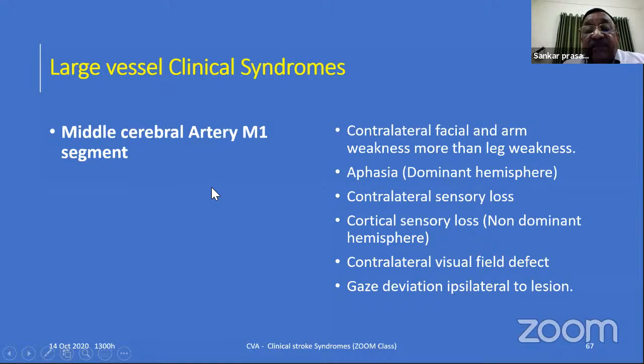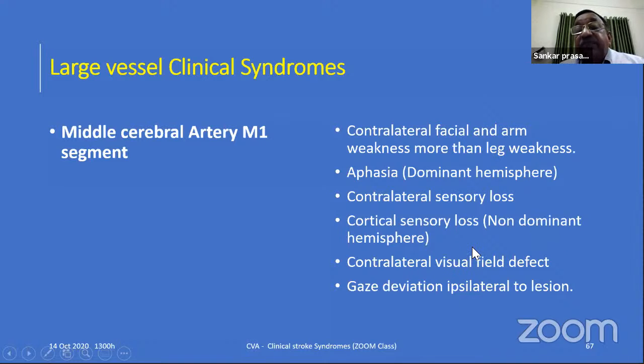So, what are the features of middle cerebral artery occlusion? The M1 segment occlusion gives contralateral facial and arm weakness more than the leg weakness. You remember the homunculus? If it is the dominant hemisphere, there will be aphasia; there is contralateral sensory loss, and cortical sensory loss in the non-dominant hemisphere.